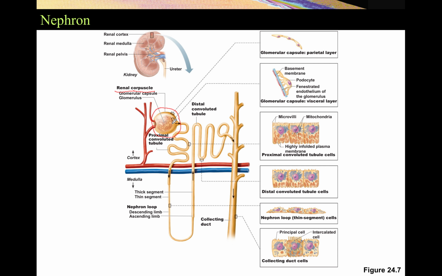And what you notice is there seems to be a tuft of capillaries inside this structure, and that is referred to as the glomerulus. So we have the glomerulus as the blood capillaries, and you have a protective shell around that, which is referred to as the glomerular capsule. And both these structures together are referred to as the renal corpuscle.